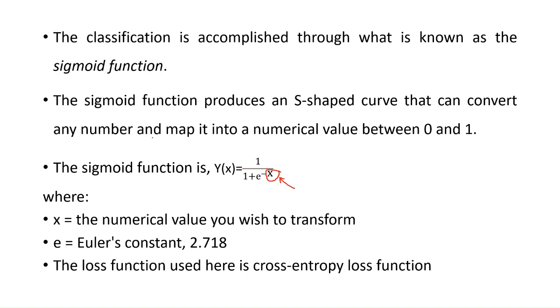Now, why it is logistic regression: the logistic or sigmoid, both are the same, another name. Logistic function or sigmoid function. That is why it is known as logistic regression. Previously, we have used a line. That is why it is known as linear regression.